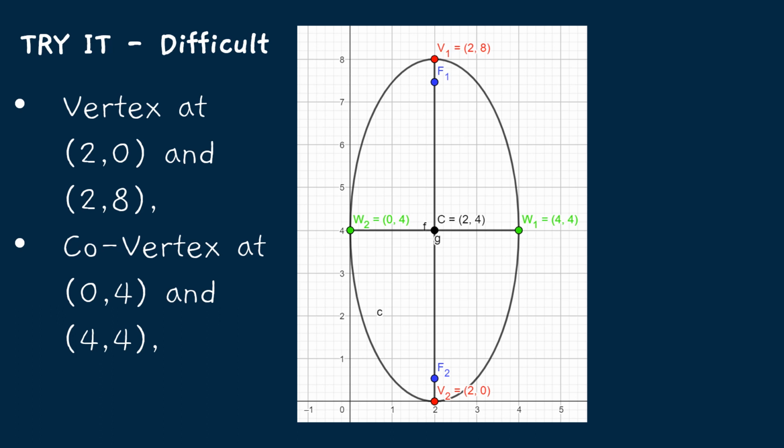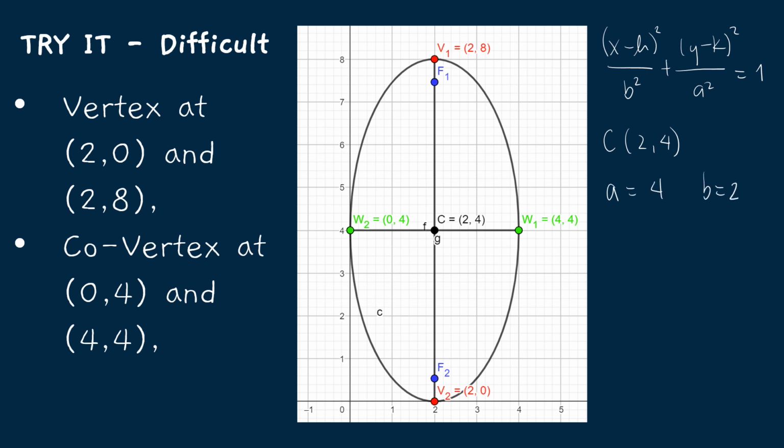Therefore, we can now write our standard equation in the format (x minus h) squared over b squared plus (y minus k) squared over a squared equals 1. The center is (2, 4), a is equal to 4 and b is equal to 2. Just plug it in on your equation.